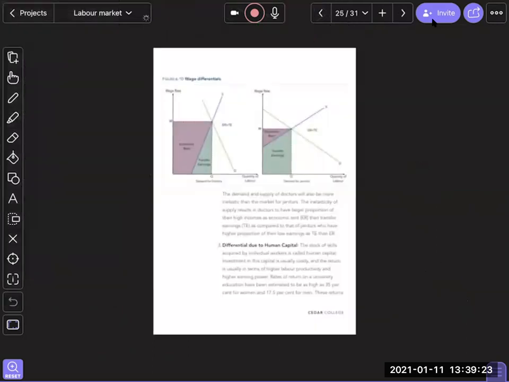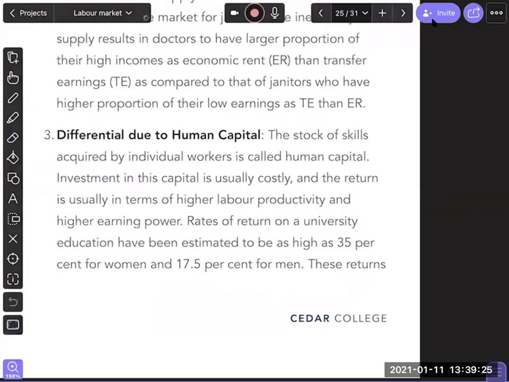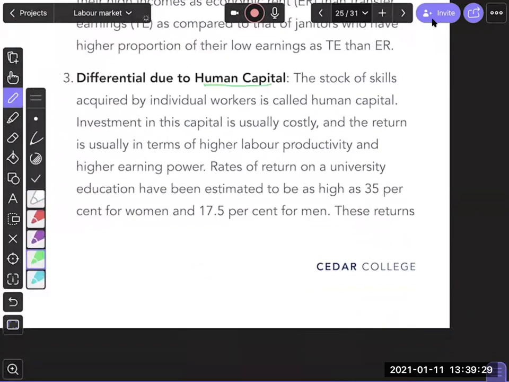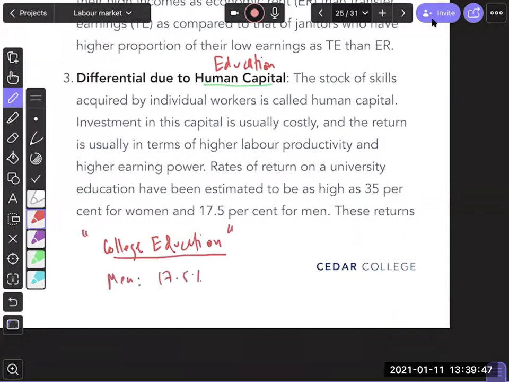Okay. Then comes this, by the way: the idea that people are sometimes paid differently because of human capital. Human capital means education. When you look at the return of four years of college education, for men the return is roughly 17.5% per annum, and for women, on average, they can get a return of 35%.